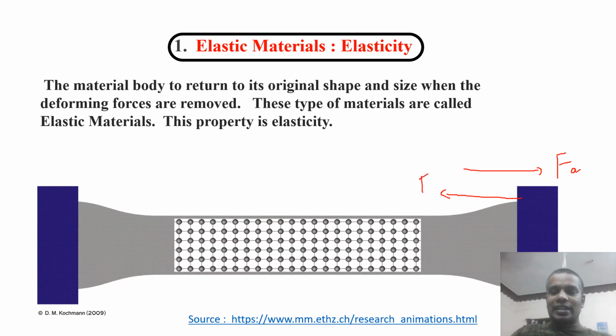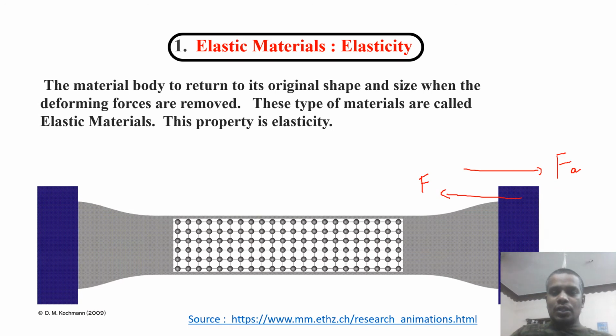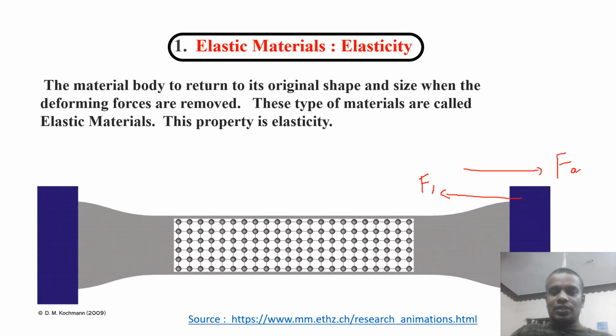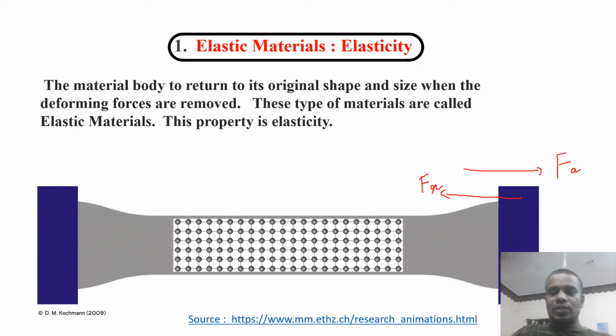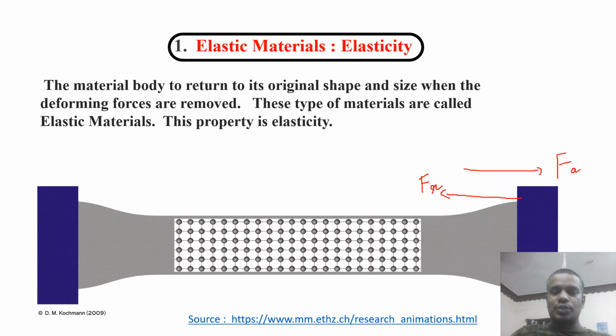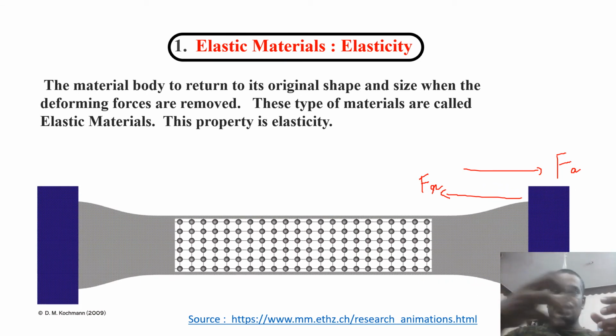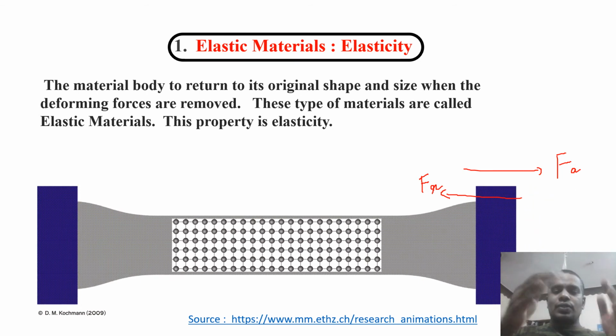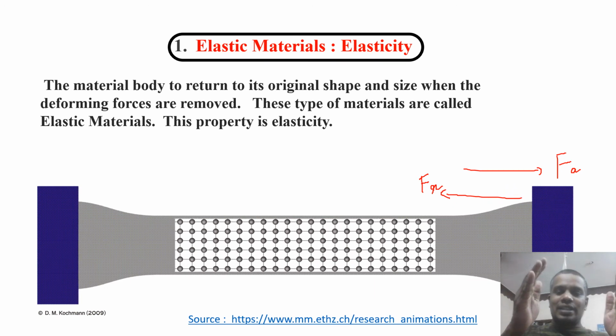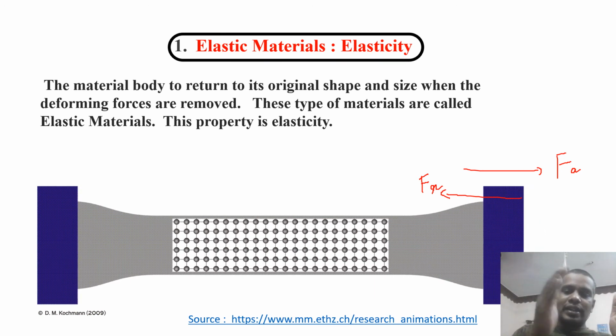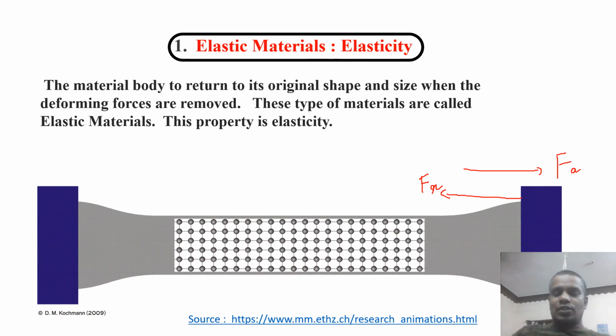It acts opposite to that applied force. That force is called the restoring force. That's why even after removing that force, it will bounce back to the original position. The stretching is due to the applied force. It's coming back to the original shape because of the restoring force.